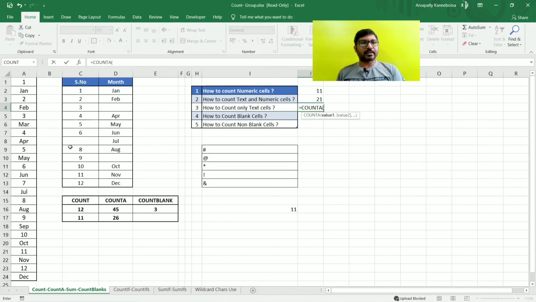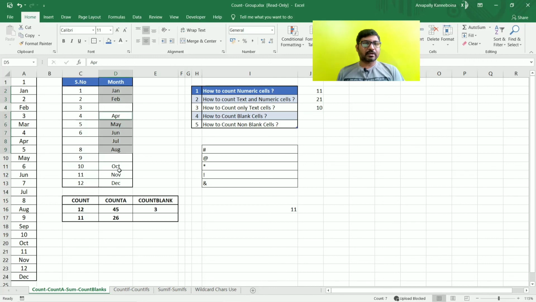So it will get the total non-blank cells. Count the non-blank cells, right? Next, minus count. So this will get the 10, right?